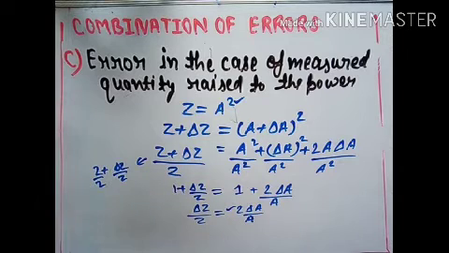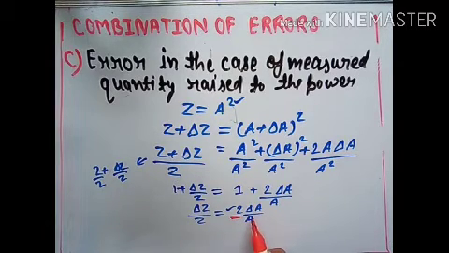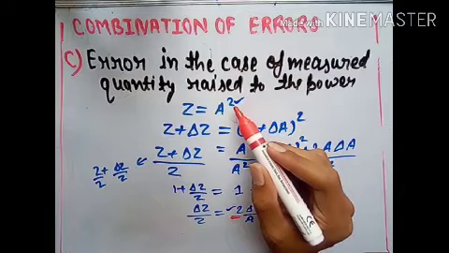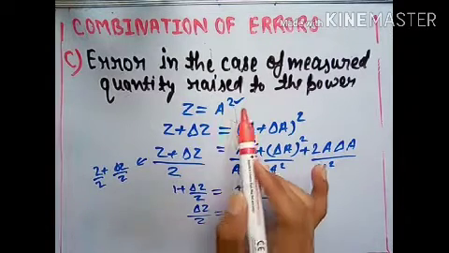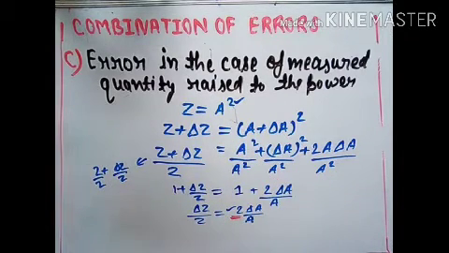Is it surprising? Not surprising, because it is 2 times the relative error. So let's make the law: the power will be multiplied with the relative error when you take a quantity raised to a power. Understand this? So simple.